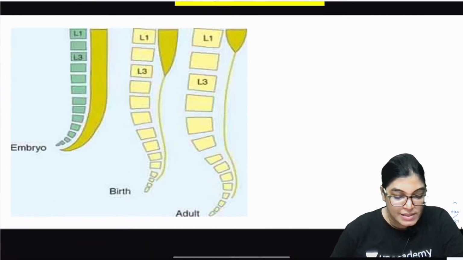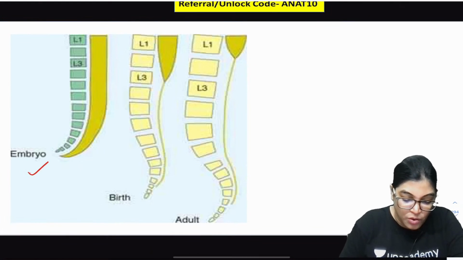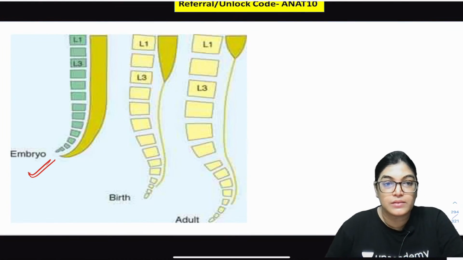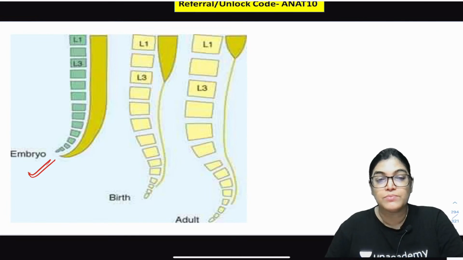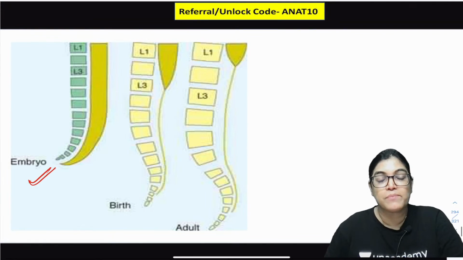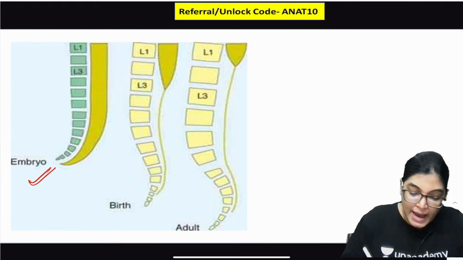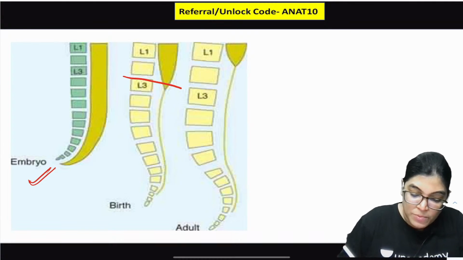So, my dear students, see here, in the embryo during the initial phase, the spinal cord and vertebral column correspond to each other, but after that the vertebral column starts developing at a faster rate in comparison to the spinal cord, and at birth the cord ends at the upper border of L3.